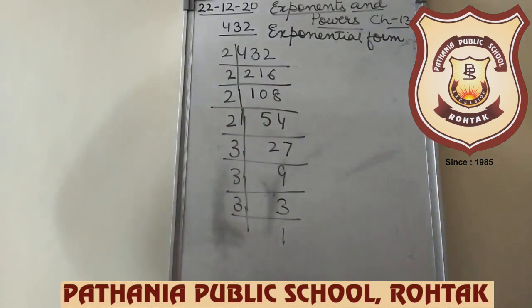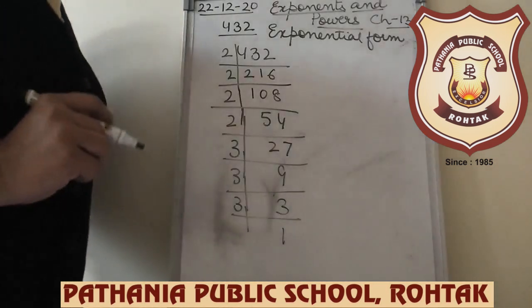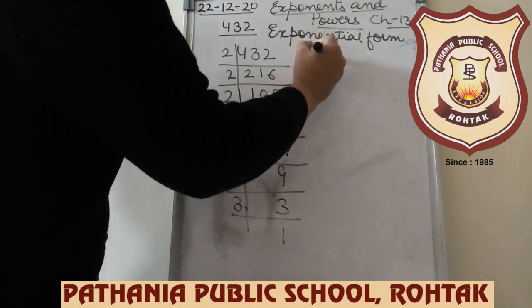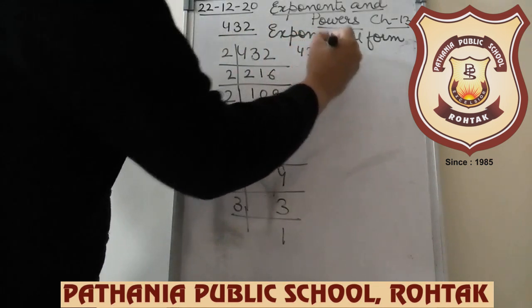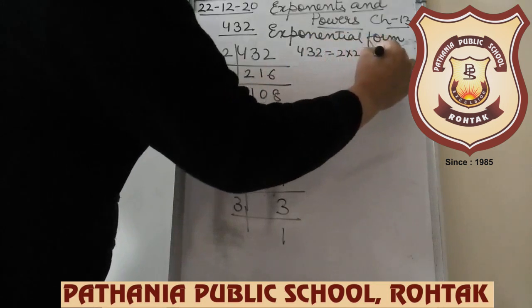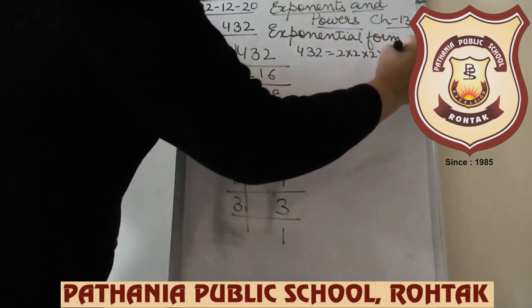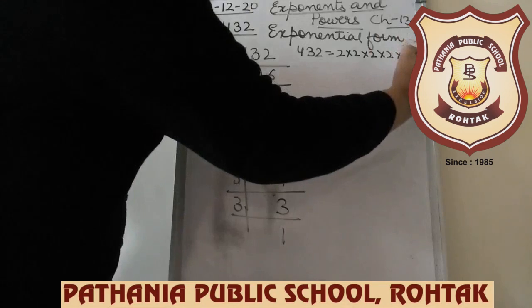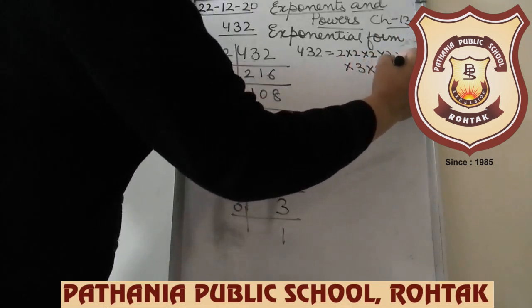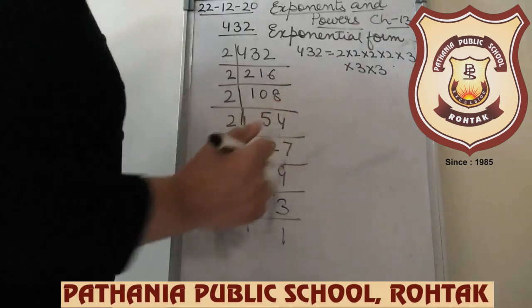Okay, so you have written the prime factors for this. Now 432 is equal to 2 multiplied by 2 multiplied by 2 multiplied by 2 multiplied by 3 multiplied by 3 multiplied by 3, that's it. Okay.